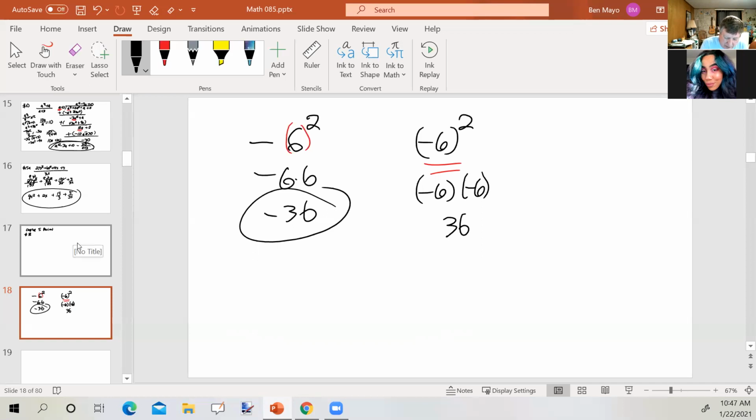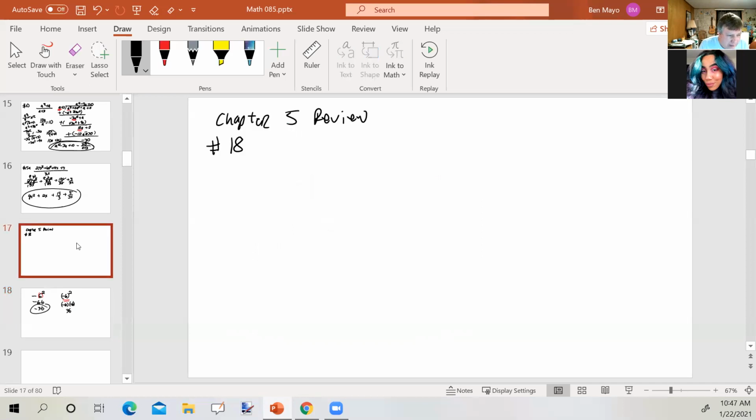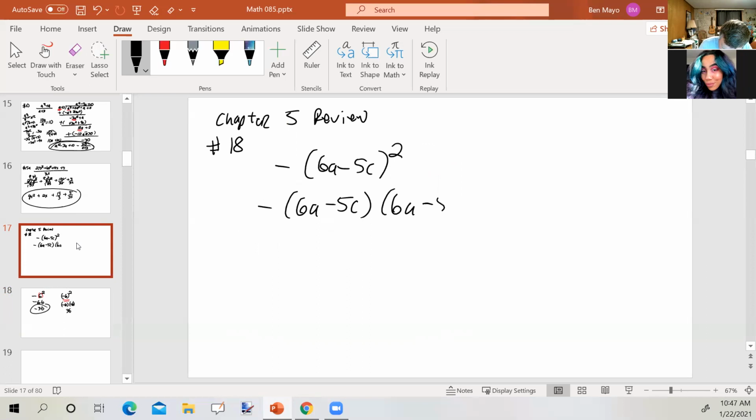Now let's go back here and take a look at this problem. It says find the product. We have a negative sign outside of the parentheses. So order of operations, we're going to do the exponent first. Okay, now I have two choices.